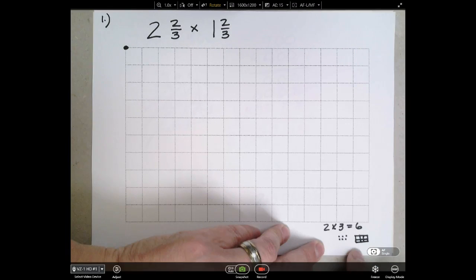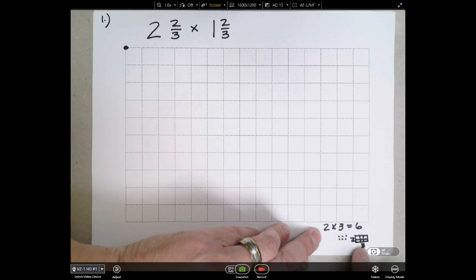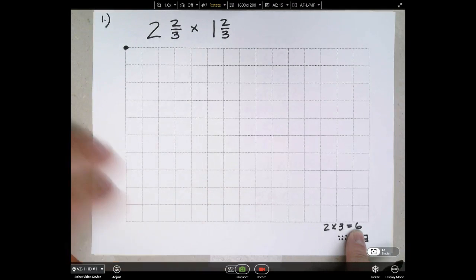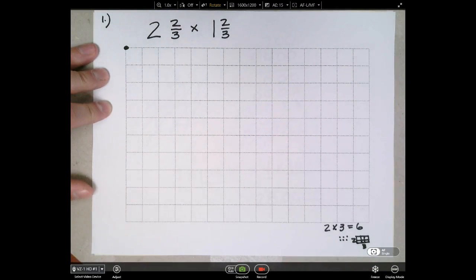And so we could say that the area of this box, which is 2 by 3, is 6. So the answer to the area problem is the answer to the multiplication problem. Okay, so what we're going to do here is look at creating an area problem.